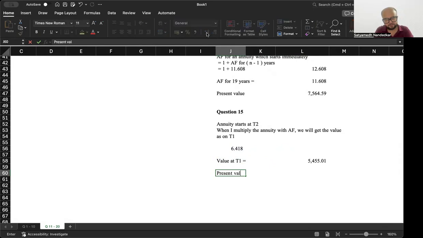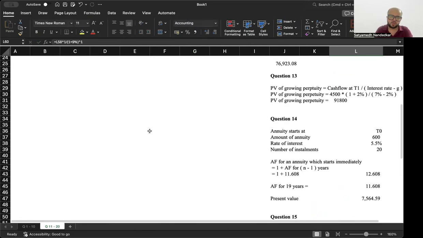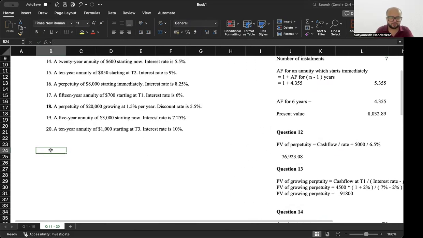And what is the present value? This into 1 upon 1 plus 9% raised to 1, which is 5004.60.